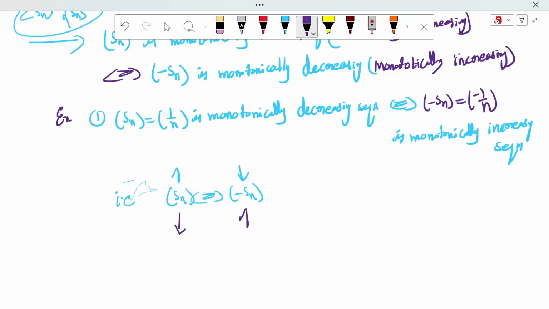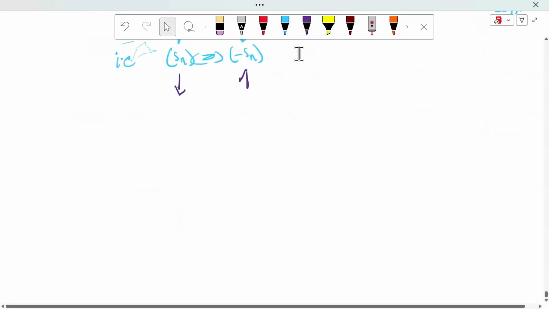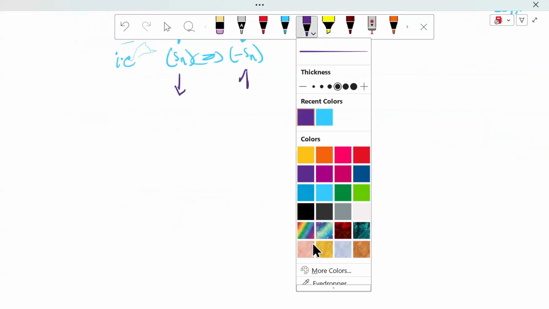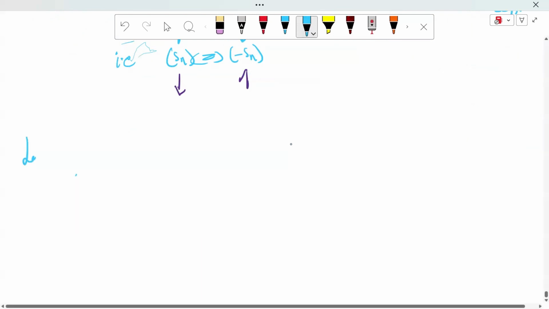Anyway, the limit of the sequence. The next definition is the limit of the sequence. What is the limit of the sequence? Sir, the next definition is very, very important. Actually, the neighborhood concept was meant for something else, but anyway, no problem.